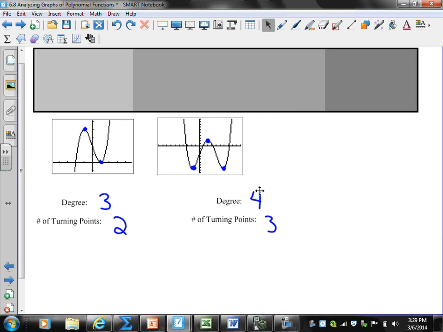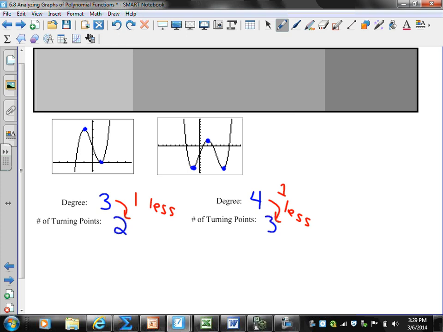If you said that the number of turning points has to be 1 less than the degree, right? 1 less. You've got the basic idea here. As it turns out, that's not all the way true. That's most of the way true, but it's not all the way true.